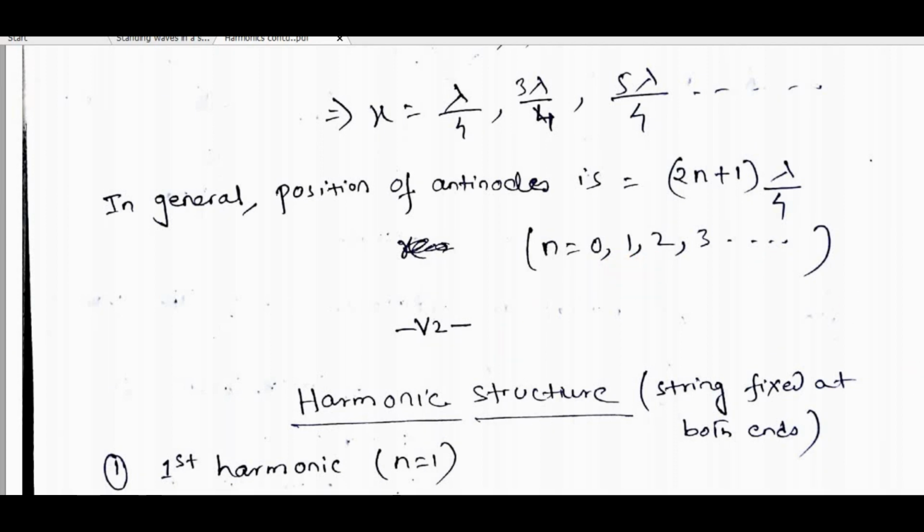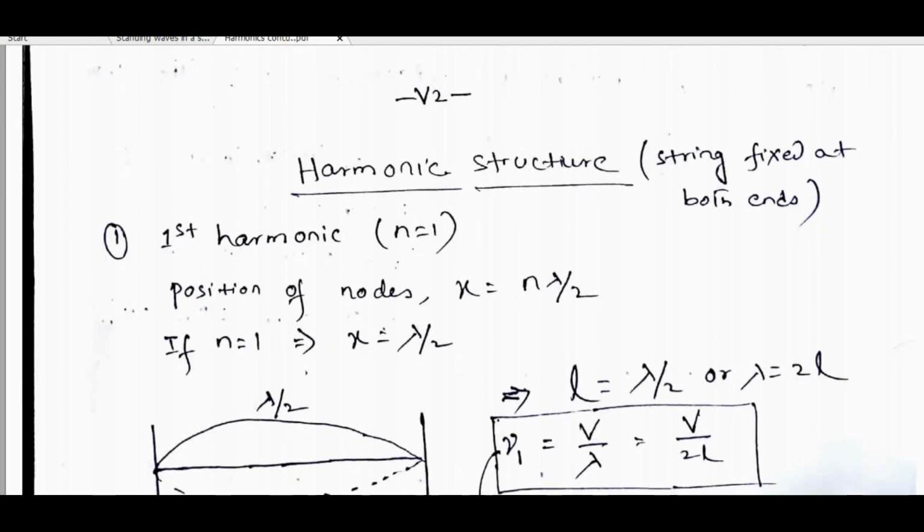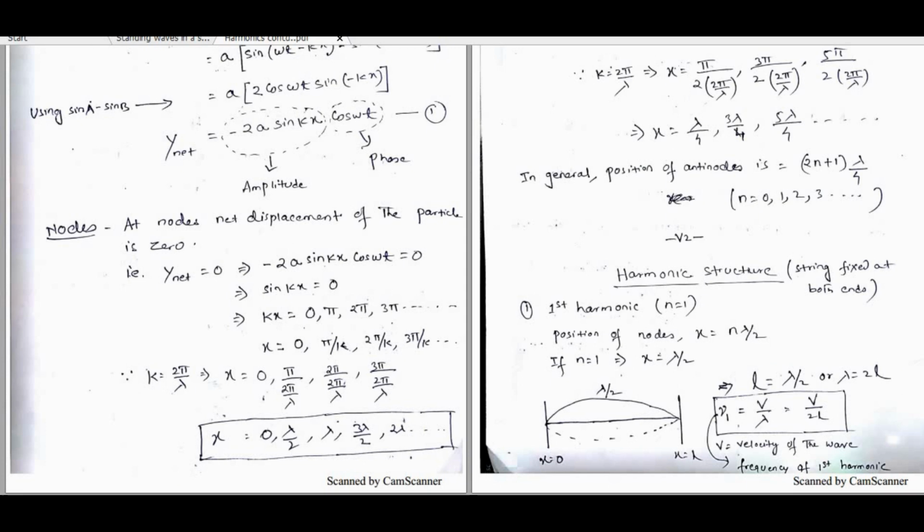Next we will be looking into the harmonic structure. Harmonic structure means how things change when n changes. So for the first harmonic, n is equal to 1.